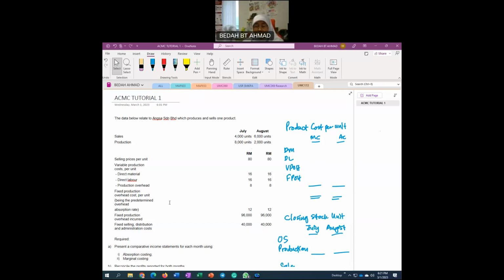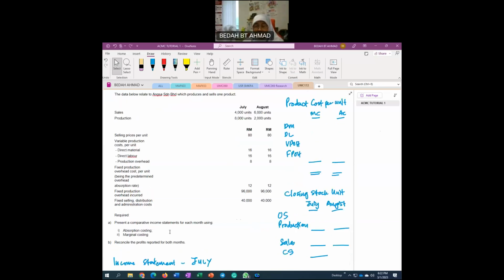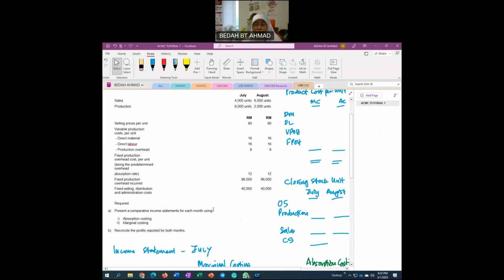Fixed production cost per unit, being the predetermined overhead absorption rate, is 12 ringgit per unit, and the fixed production overhead incurred is 96,000 per month. Fixed selling, distribution and admin cost is 40,000 per month.